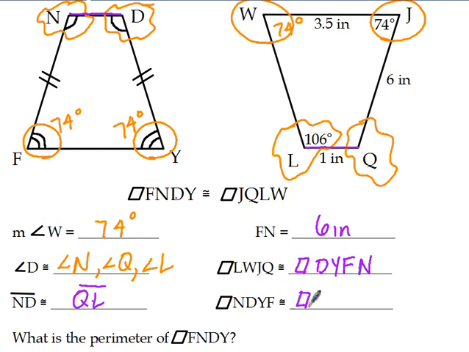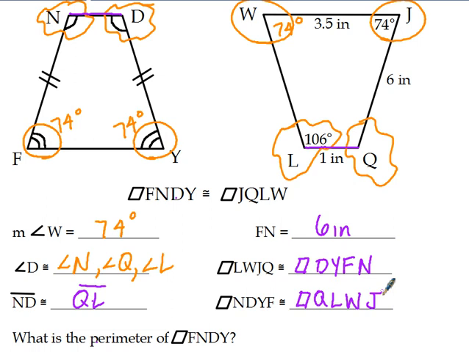Again, just match the letters up. So N is the same as Q, D is the same as L, Y is the same as W, and F is the same as J. So you just have to match up your letters. They're just mixing them up, so we're just going to mix them up as well.